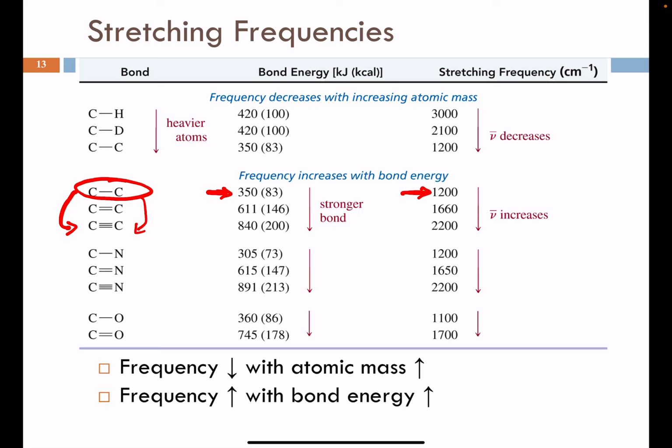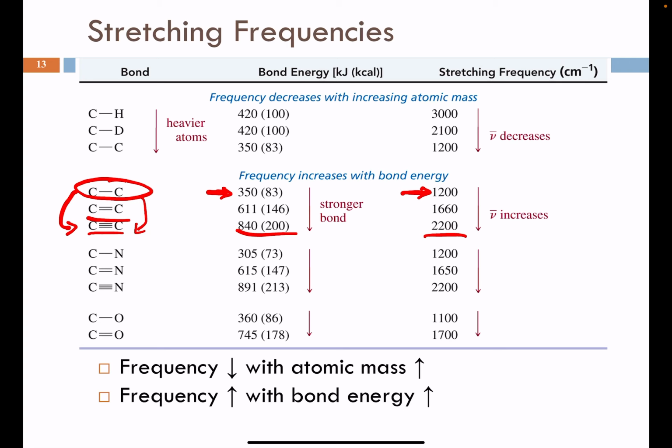When we go to the very strong bonds that are in the form of a triple bond, these are going to oscillate with much higher frequency, as we see here at 2200 wave number, and the bond energy is going to correlate nicely there. So there we're going to see that at about 840 kilojoules.